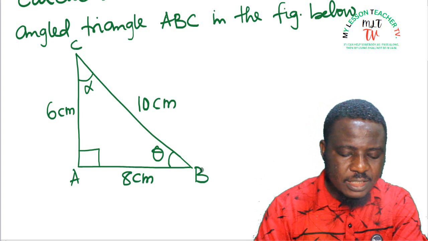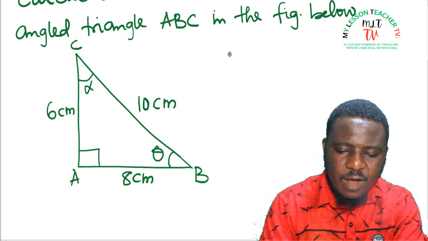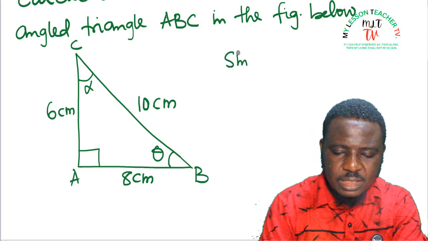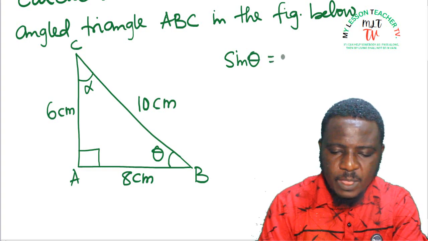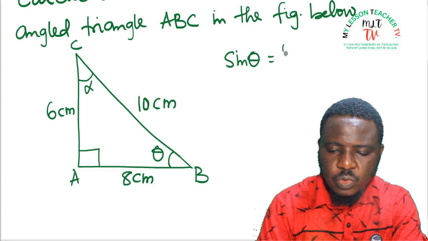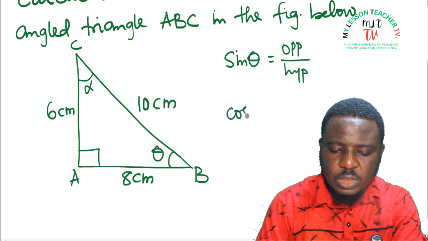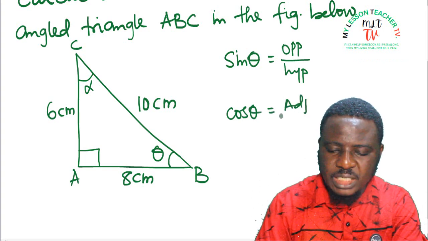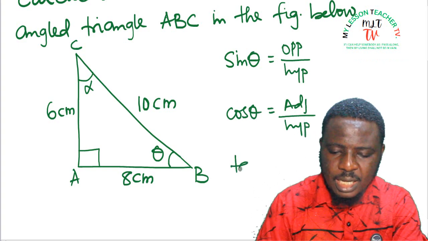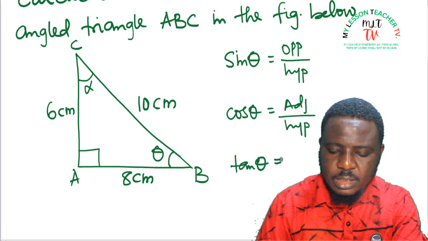So if we are to find theta degrees, we have already established a fact that sine theta is the ratio of the opposite side to the hypotenuse side, while cos theta is the ratio of the adjacent side to the hypotenuse side, and tan theta is the ratio of the opposite side to the adjacent side.